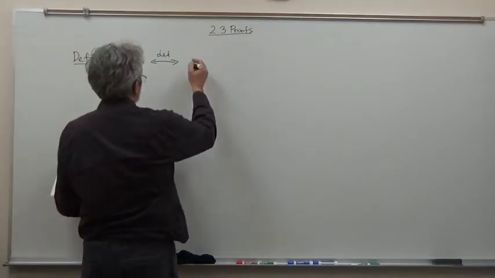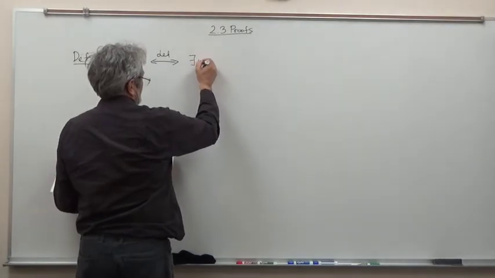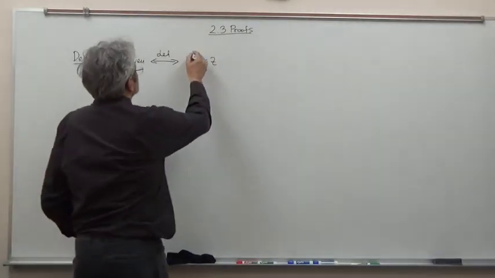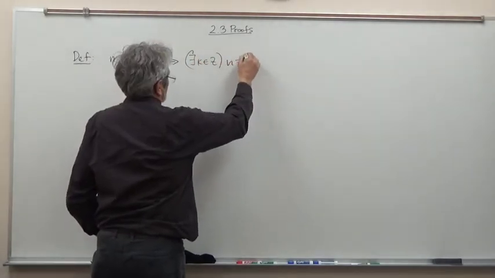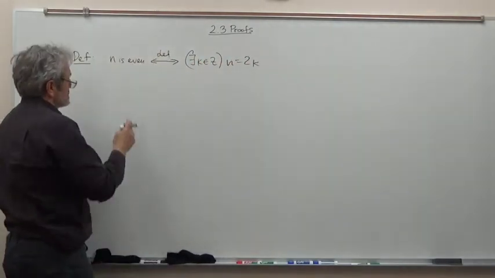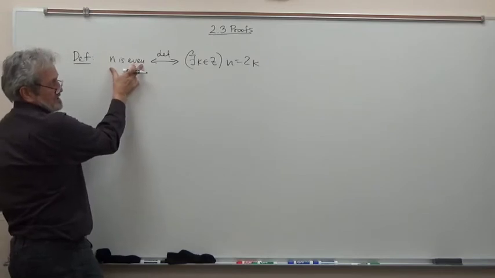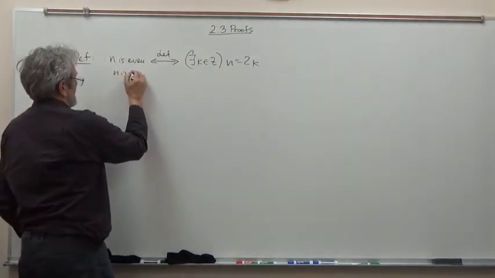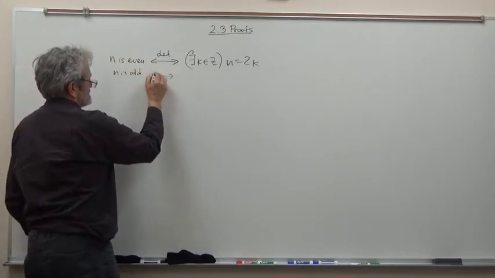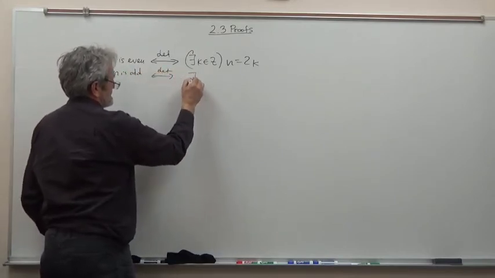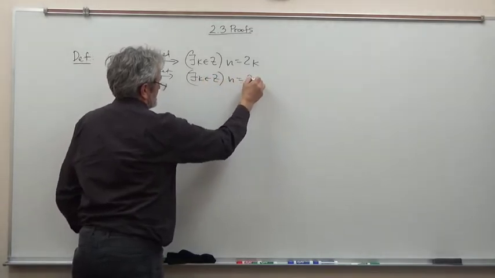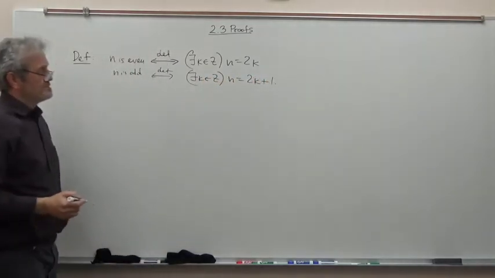n is even if there exists k from Z such that n equals 2k. So whenever we see this expression, we'll actually think of this equality. n is odd will always be treated as: there exists k from Z such that n equals 2k plus 1.